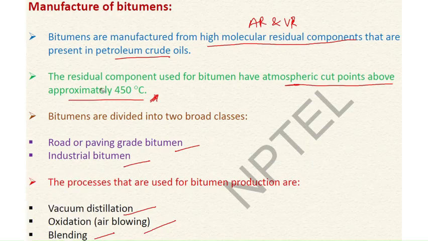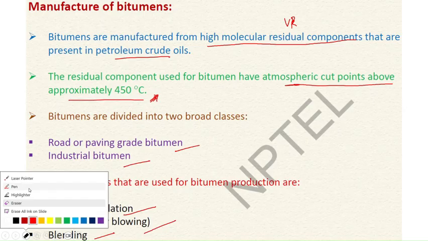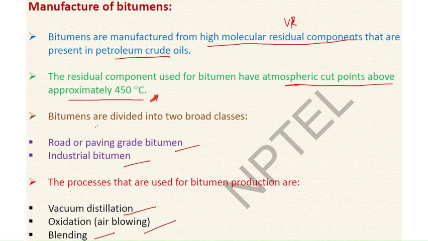Bitumen is mainly produced from the vacuum residue. This vacuum residue works in the vacuum.